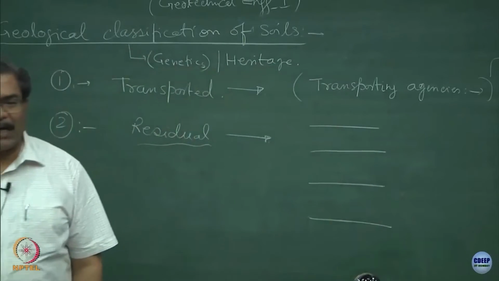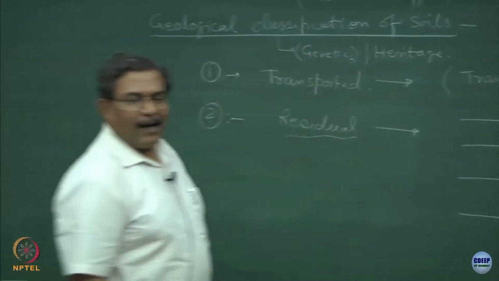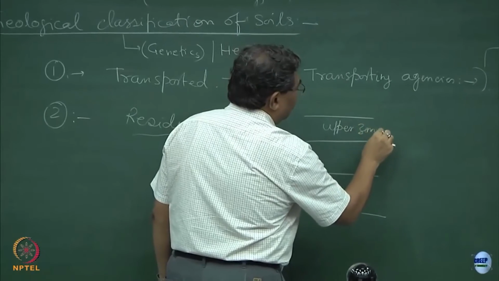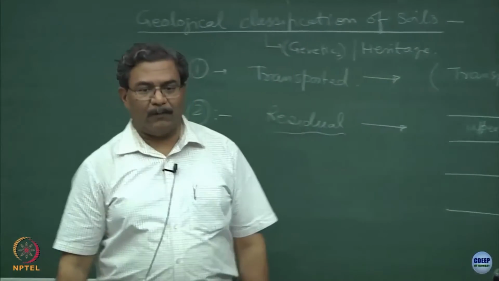The upper layer is known as the upper zone, okay, and then it is followed by the intermediate zone.